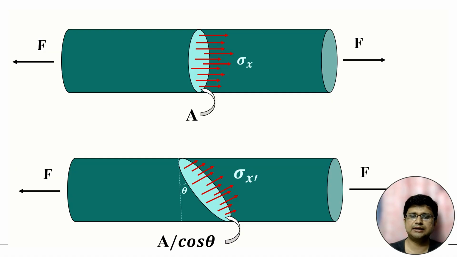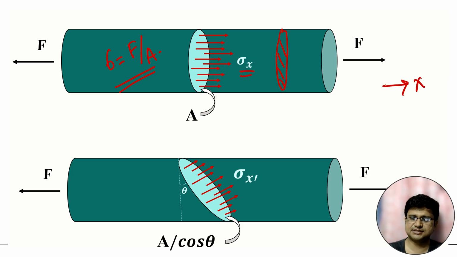Now again, for the cylindrical body, what have we assumed? For calculating the normal stress, we said that sigma equals force by area. But at the time when we gave the definition, we considered that the cross-sectional area is the vertical plane, and the stress will be sigma x, if this is the x direction.